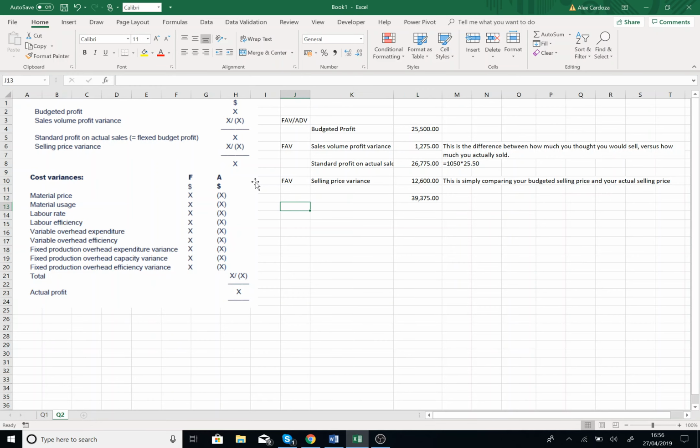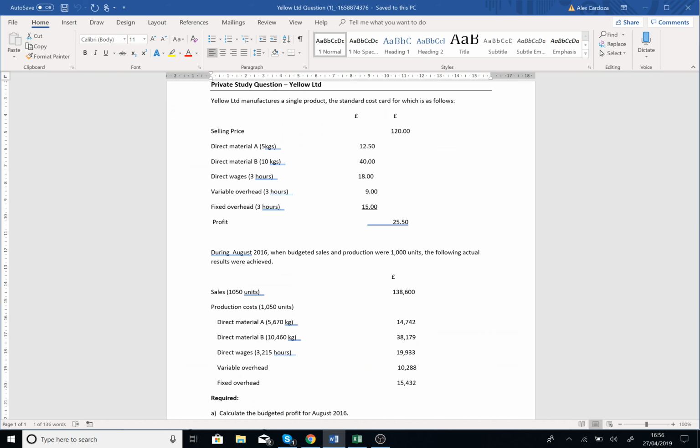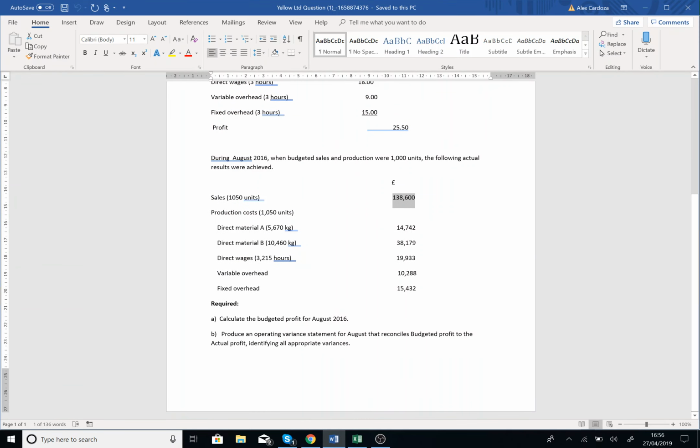Now we're going to go on to our cost variances. So in the question, the key thing is where it says, produce an operating statement that reconciles the budgeted profit to the actual profit, identifying all appropriate variances. So appropriate variances we can do: direct material A, direct material B, wages, variable overhead, and fixed overhead.